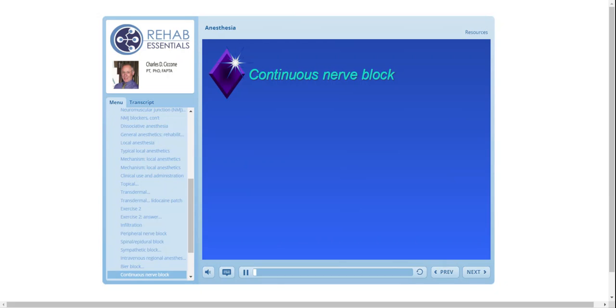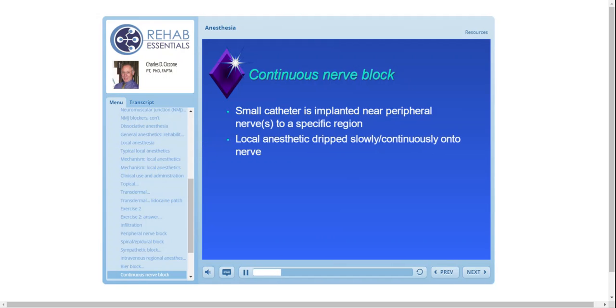We want to talk about something called continuous nerve block because it's become very popular in patients recovering from surgery. Here, a small tube or catheter is implanted near the peripheral nerve to a specific part of the body, for instance, the femoral nerve that's supplying the knee joint. And the local anesthetic is dripped slowly, continuously onto that nerve.